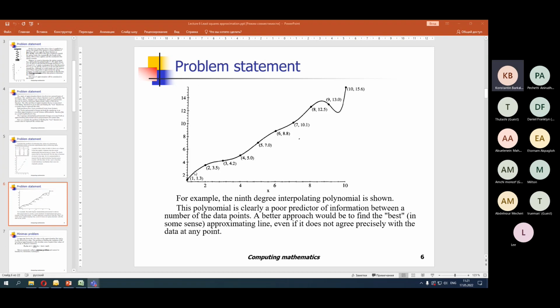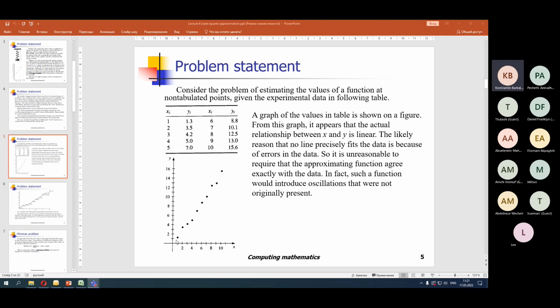Let's look at the next picture. On this graph, the same points are placed. As you see, this point is 1 and 1.3, and the last point is 10 and 15.6.